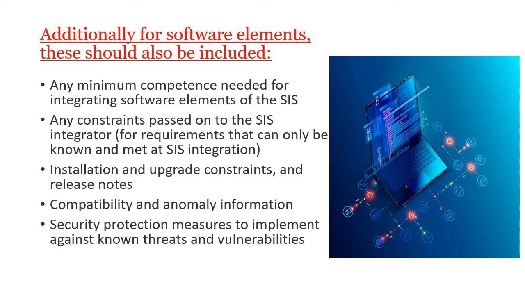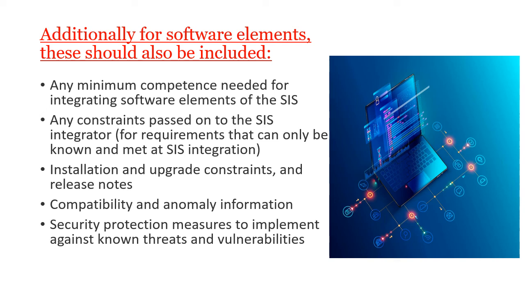For example, you have a pressure transmitter that has to be connected to a DCS or a PLC system, and the software of that PT should be compatible with the PLC version or the PLC software. There should not be any constraint in this part, and if there is any constraint, that should be highlighted in the safety manual. Also, installation and upgrade constraints and release notes should be mentioned.